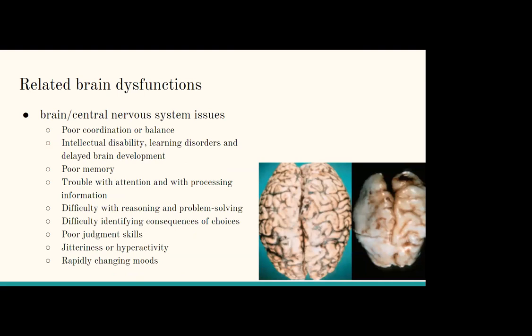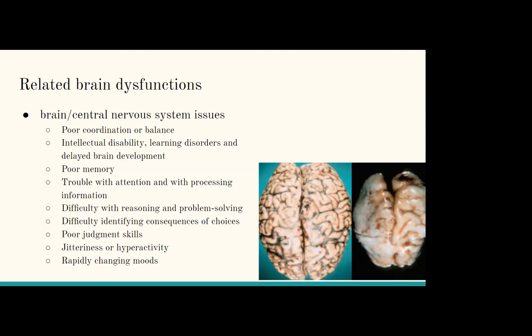Related brain dysfunctions. For their brain dysfunctions, their brain and central nervous system issues contribute to poor coordination and balance. They have an intellectual disability, learning disorders, and delayed brain development. They have poor memory and trouble with attention and processing certain information and stimuli.